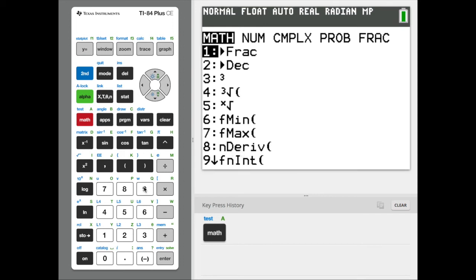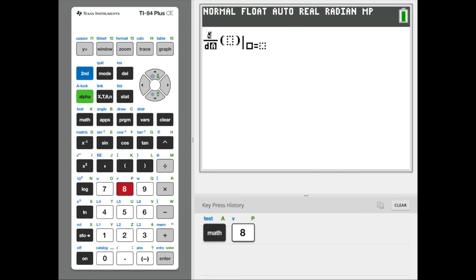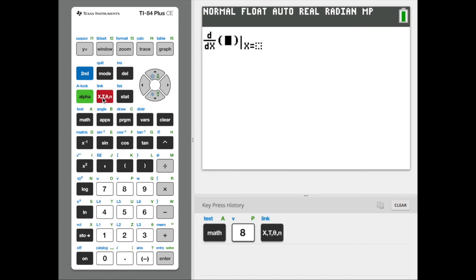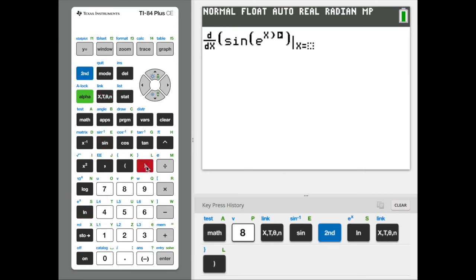If we hit that 8, it comes up in this TI-84 with nice MathPrint formatting, asking for the derivative with respect to what variable. If I say the derivative with respect to x, in this case we'll use the function sine of e to the x. I'll put that x in the exponent, close these parentheses, and move over.